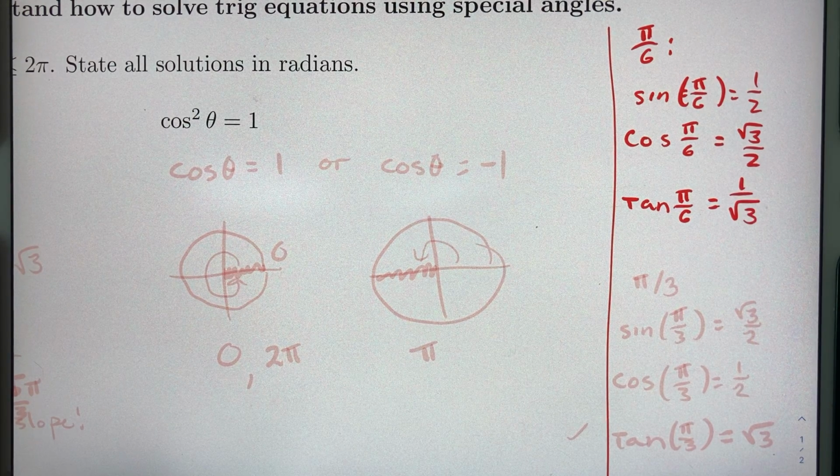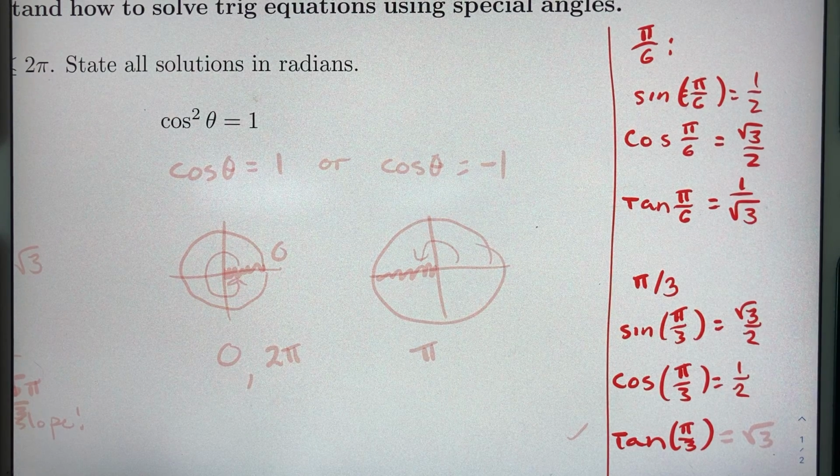And then for pi over 3, things are switched around. How do you switch something with itself? Well, you just flip it. This time it's got √3 on the top, so tan of pi over 3 is √3.